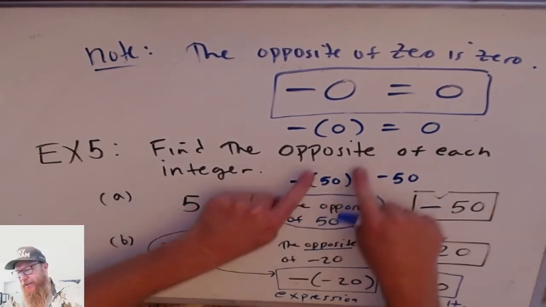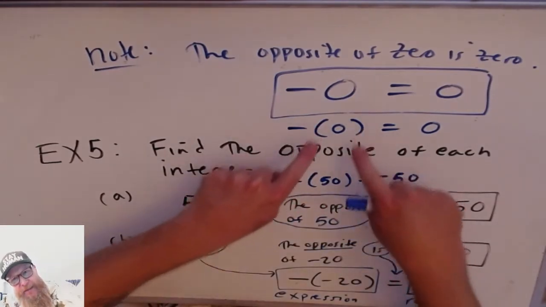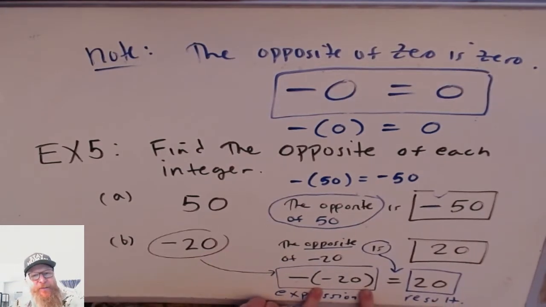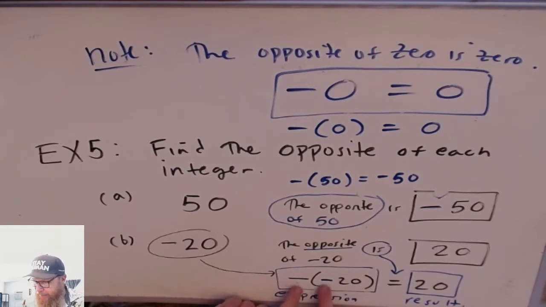The parentheses are not really required in these examples here, but down here, the parentheses are important. You might have heard the expression 2 negatives make a positive. It's a dangerous expression, but it is in fact true in this particular case.